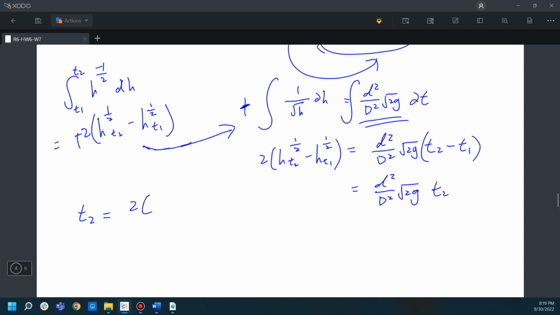So t2 is equal to 2 times h at t2 minus h0, which is the initial height of the water in the tank, divided by 2g, and these will be D² over d².